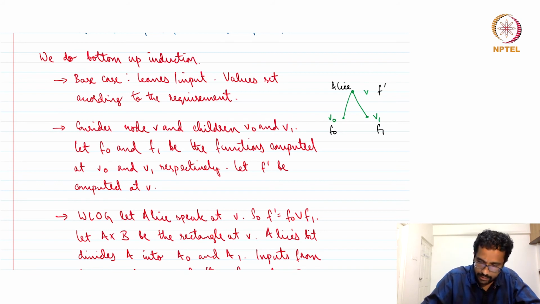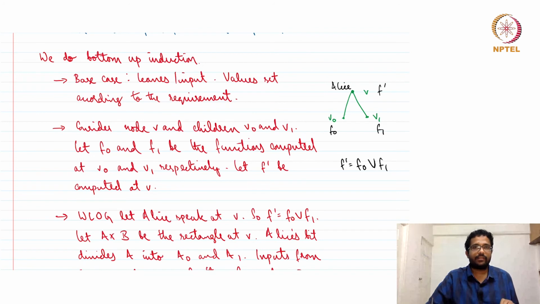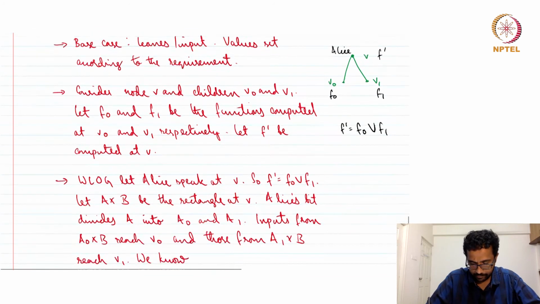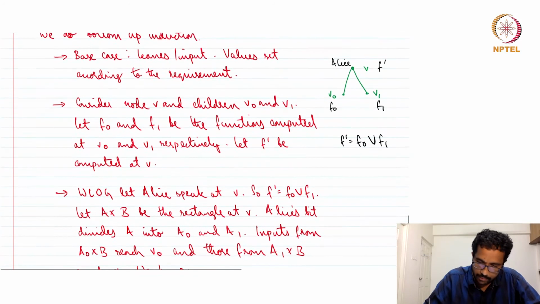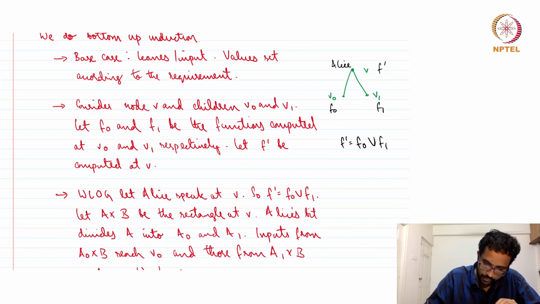Now this means F prime is nothing but F0 or F1, because where Alice was speaking, we replaced it with the OR gate. So now let's say the rectangle at V is A cross B.